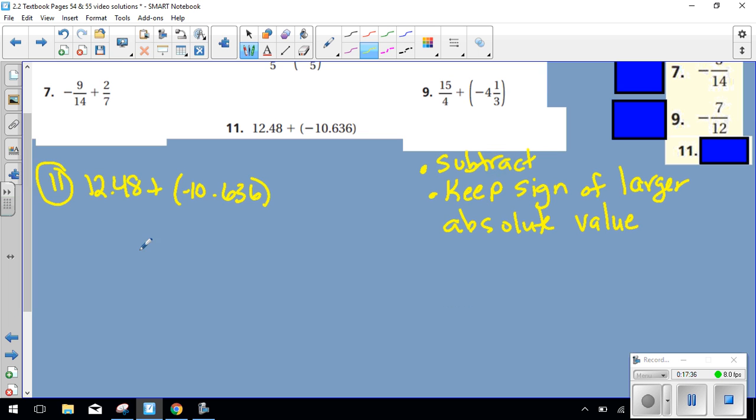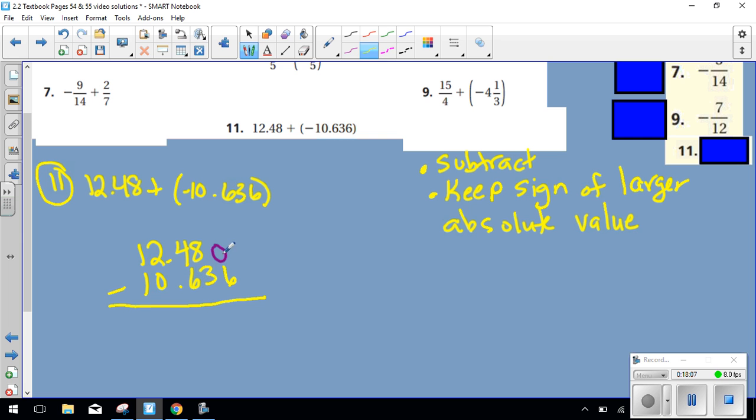So let's scroll down a little. I'm going to take 12.48 minus 10.636. Now, do you remember when we were ordering rational numbers, how we added extra zeros so all the decimals had the same amount? We're going to do the same thing here. We're going to put an extra 0 so the top decimal has 3 decimal places, just like the bottom one.